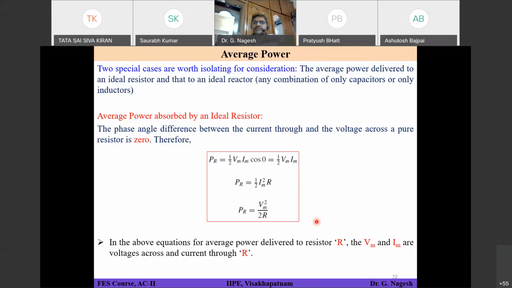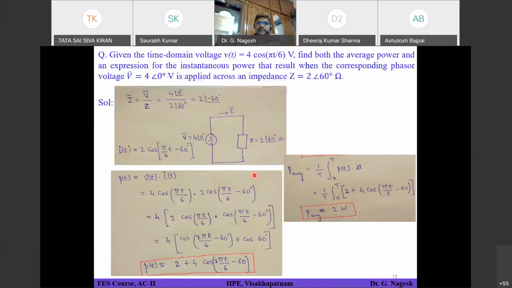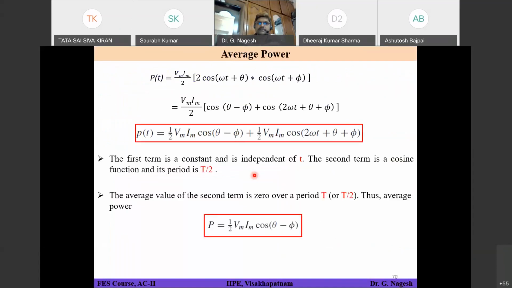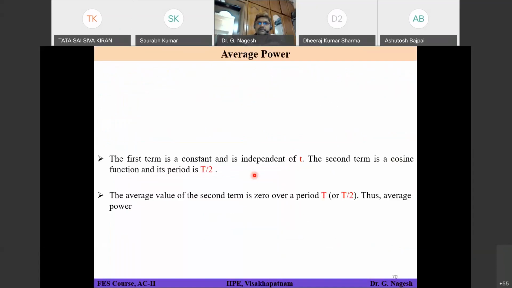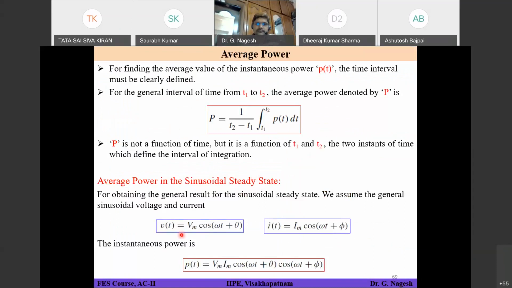First of all, that I is the RMS current. What is I here? It is given as Im, and Im means the maximum value. This Vm and Im are coming from our basic thing that we have considered. So Vm and Im are coming from v of t and i of t.